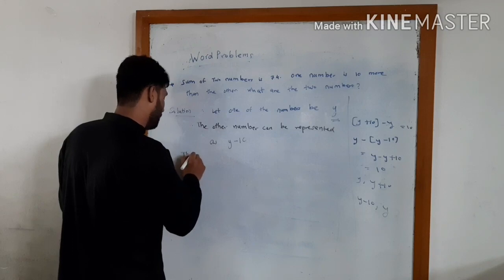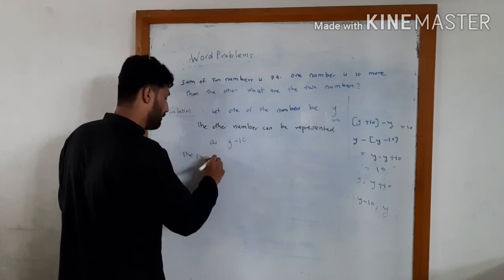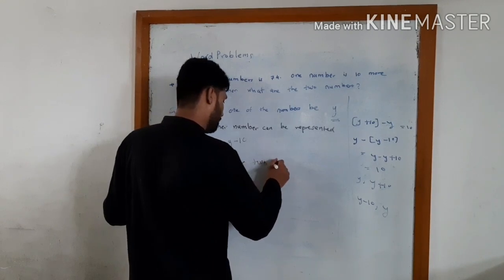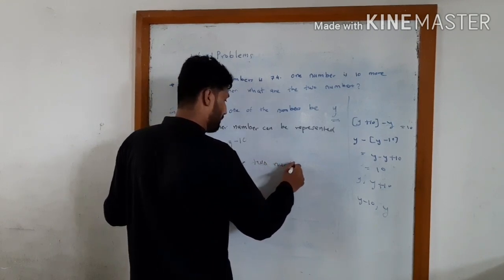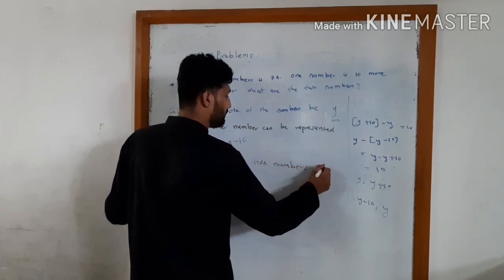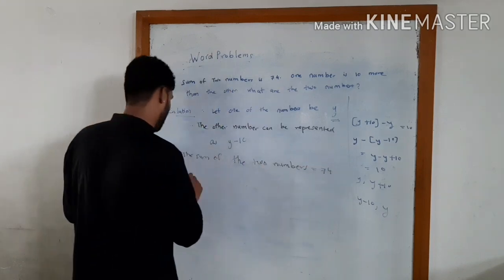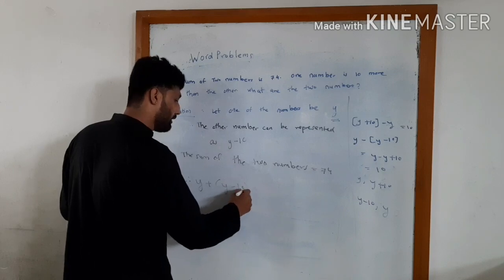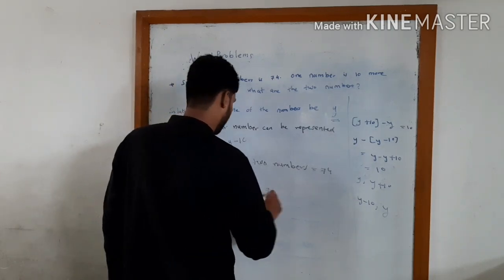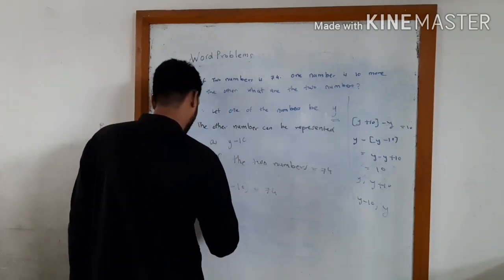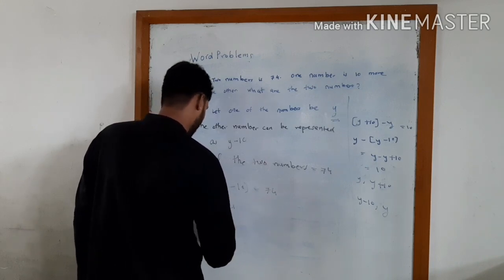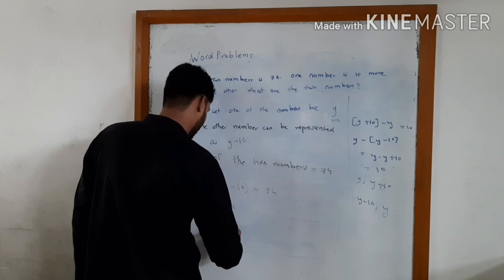Again, the sum of the two numbers is 74. Therefore, y plus y minus 10 is 74. Therefore, 2y is equal to, 10 goes this side, addition, 84. Therefore, y is 42.